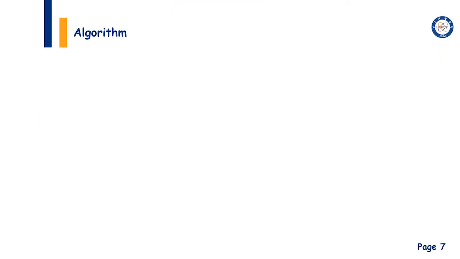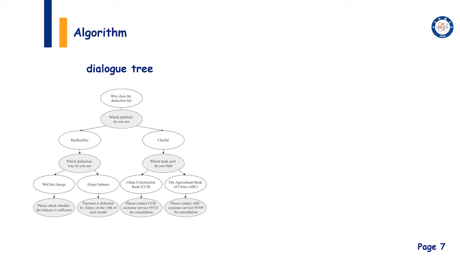Now I will introduce the intent slot tree and how to build it. The corpus contains multiple standard multi-turn dialogues between the users and the robot.